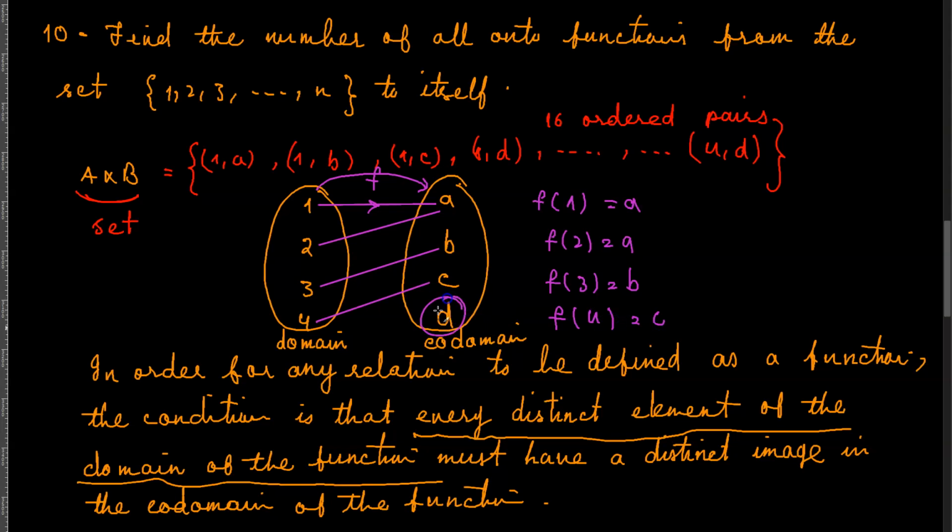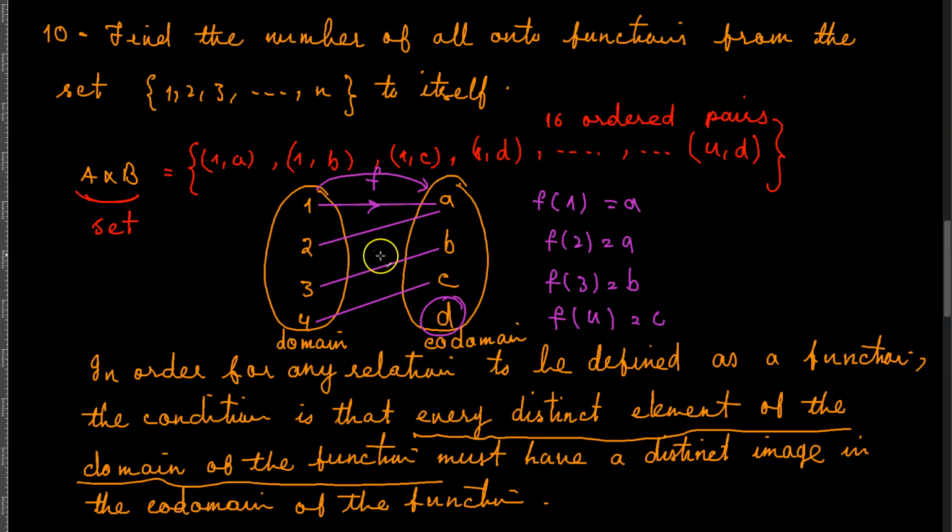And it doesn't really matter if d is not the image of anything under f, because the condition that we have is on the elements in the domain of the function, not on the elements in the codomain. You could have 1,000 elements in the codomain which are not the image of any element in the domain, and f would still be defined as a valid function, right?